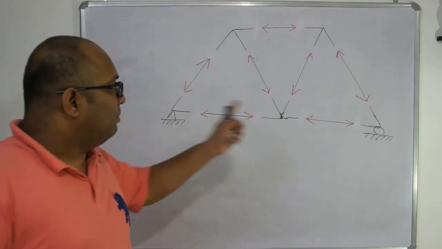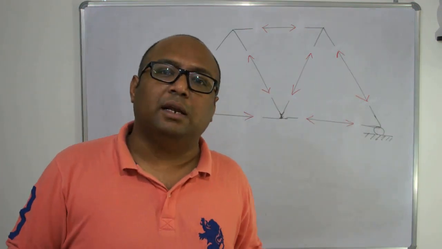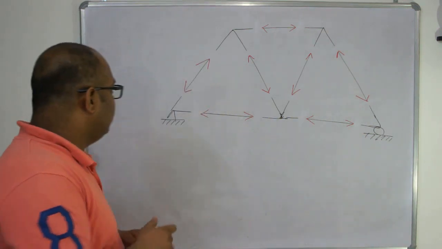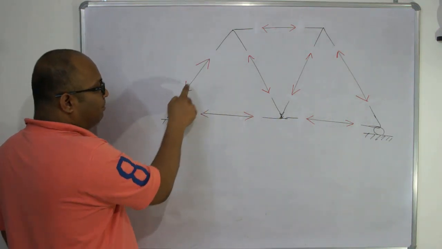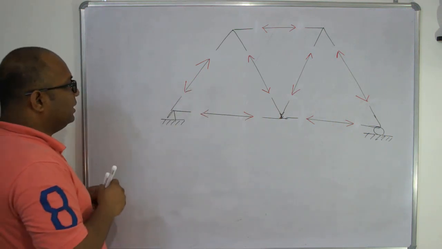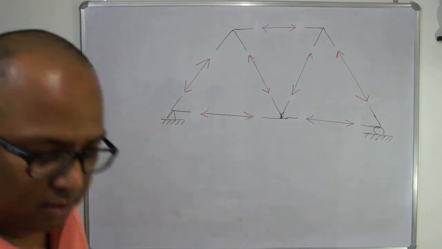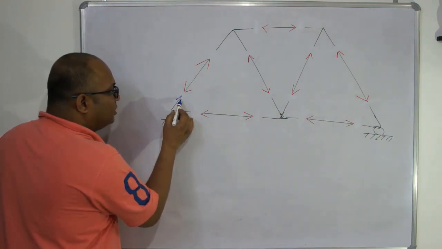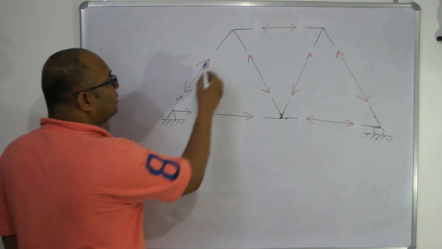So I am assuming that all the members are in tension. Now, as per Newton's third law, if this member is experiencing a pull in this direction, then obviously there will be a force in this direction.